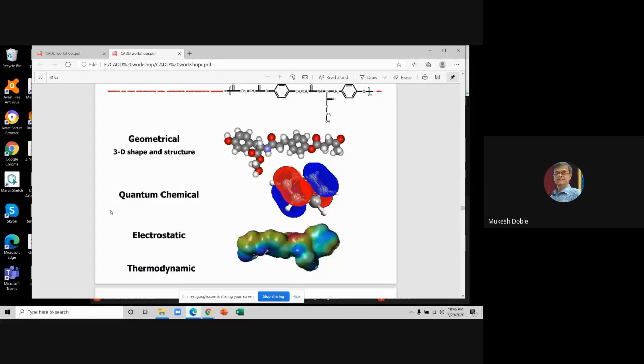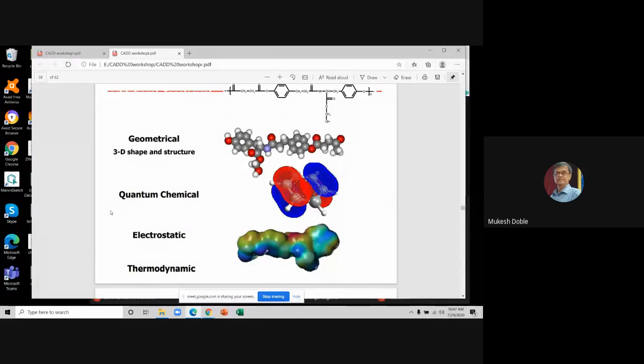They are called geometric descriptors. Then we have quantum chemical descriptors, various quantum chemical parameters of the molecule, electron interactions, electron-proton interactions, proton energies, binding energies. Those are called quantum chemical descriptors.